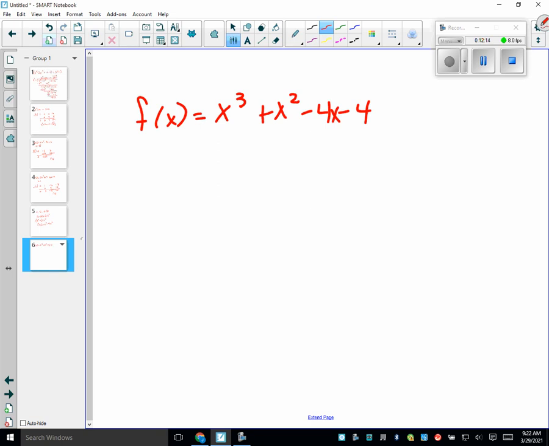How do I list the zeros? Aren't they all the factors of the last number over all the factors of the first one? What's the first number? 1. So all I need is all the factors of the last number, right? What are the factors of 4?